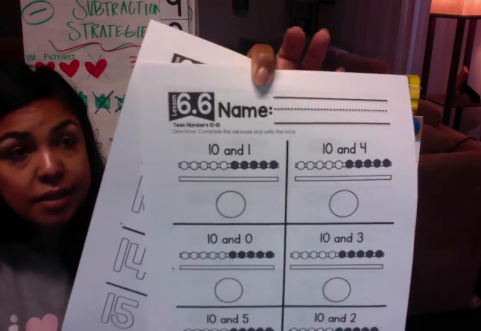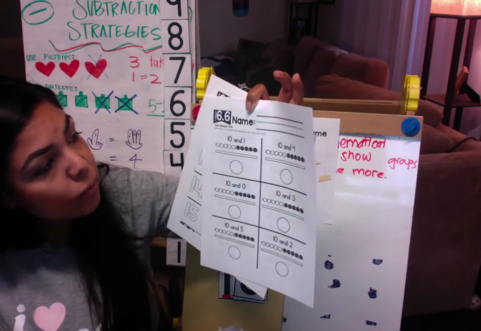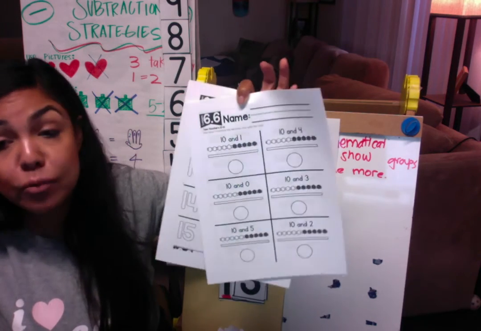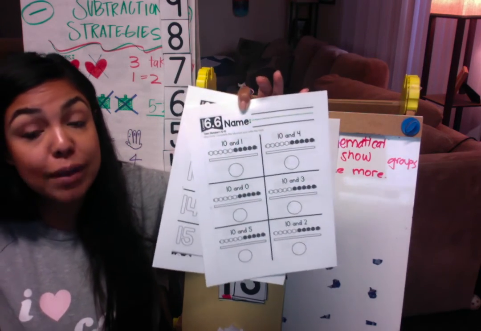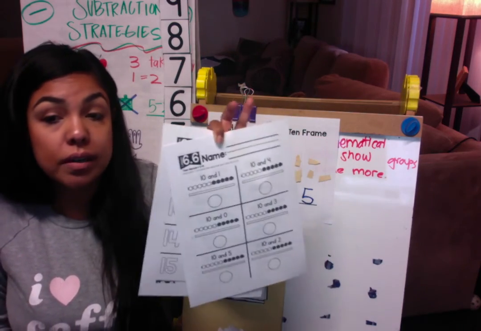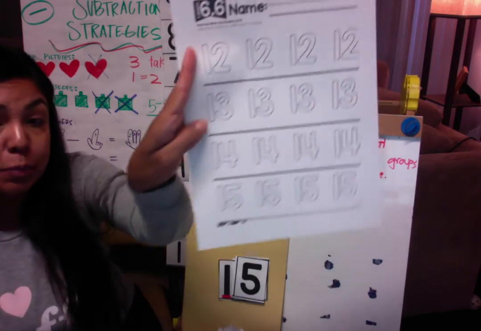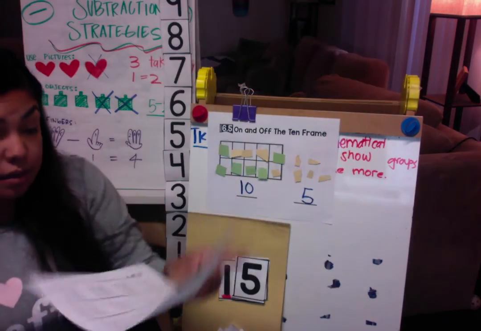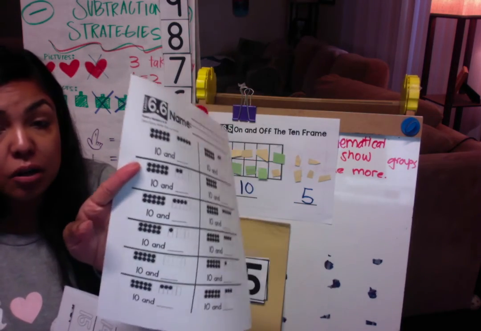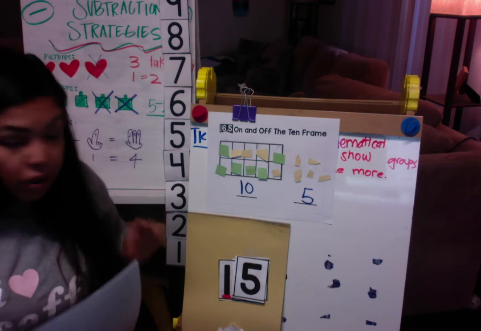It's called 6.6, and it's called Complete the Rec and Write the Total. We didn't work with those quite yet, so if you don't have it, it is okay. Don't do this one, okay? So all I want you to focus on is 6.6, writing 12 through 15, and using your 10 frames. Okay? All right, TK, you are all set.